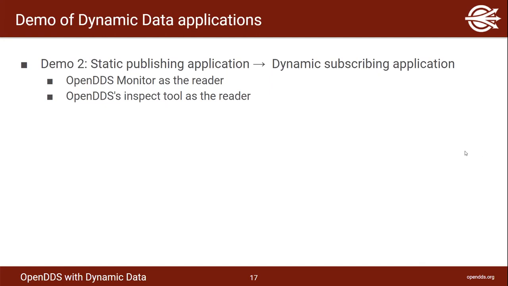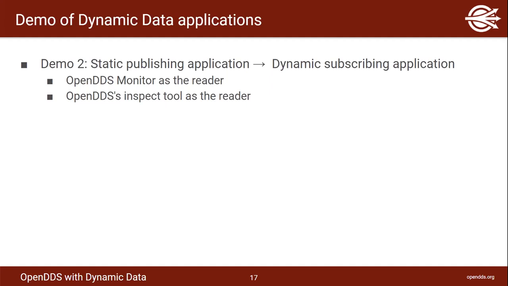So there are a couple of tools for OpenDDS that can do this. The first one is the inspect tool, in the same OpenDDS repository. It uses the recorder interface of OpenDDS and can listen to an exact topic with a specific type of that topic, and then can print out the content of any sample that is published to that topic.